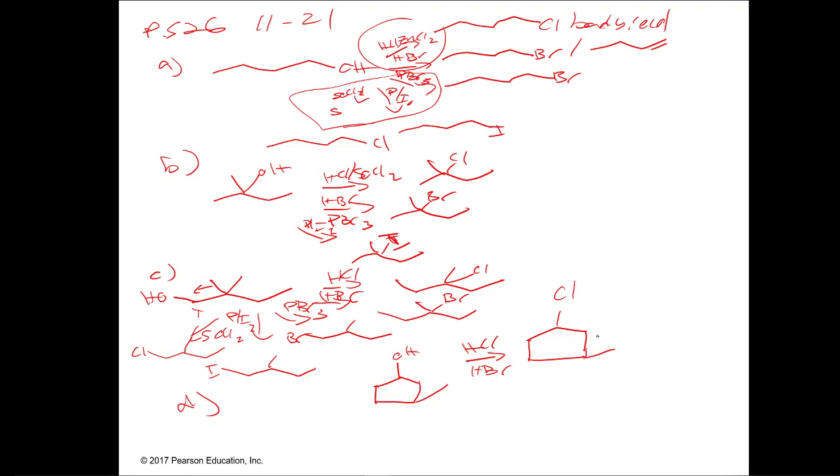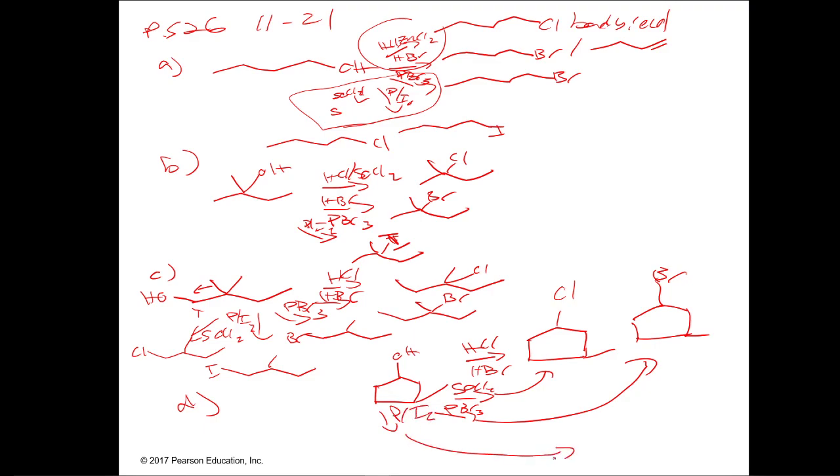Right, there's nothing to shift over on the adjacent carbon. Then HCl, same product. PBr3, that product, and then PI3 will give you the iodinated product. All right.